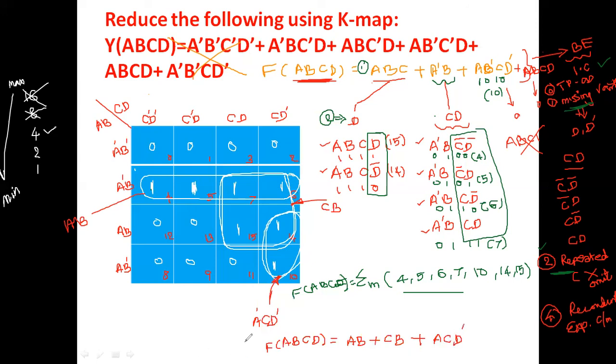That's all. So this is the fourth method of problem in the 4 variable Karnaugh method of reduction. Very important method.